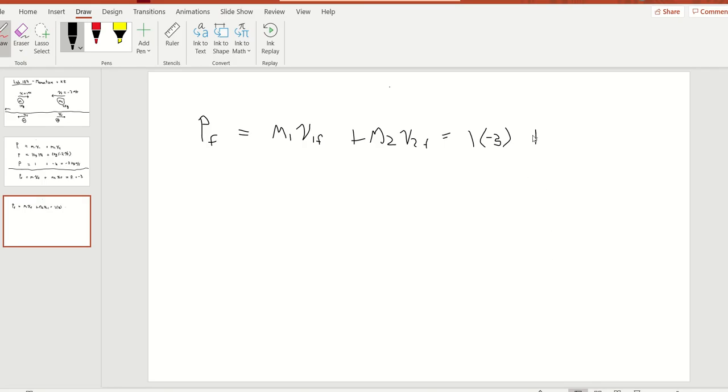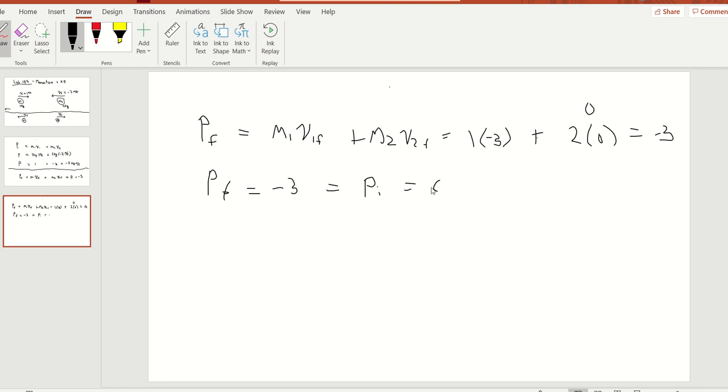This plus M2, which is 2 times 0. If you calculate this, you get 2 times 0 is 0, 1 times -3 is -3, and what you see is that the momentum is conserved. So the final momentum is equal to -3, which is equal to the initial momentum. And that's called conservation of momentum, okay?